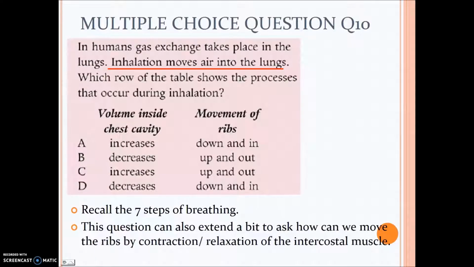And for question 10, it's about inhalation. Inhalation moves air into the lungs. Of course, it's also about the 7 steps.